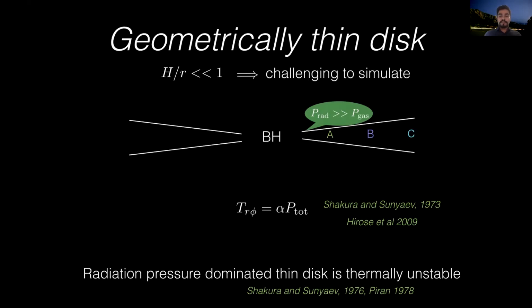That's defined as the alpha viscosity prescription, which probably comes from some sort of magnetic field driving turbulence in accretion disks. But soon after this groundbreaking paper, they also found that the inner regions of this Shakura-Sunyaev model are thermally and also viscously unstable.